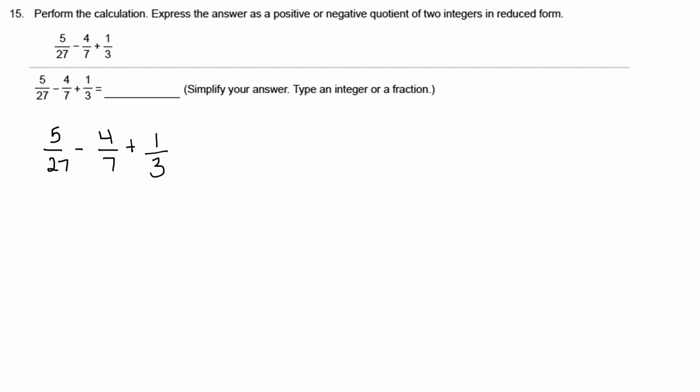So I'm going to use my rule or my formula that says a over b minus c over d is the same thing as a times d minus b times c over b times d.